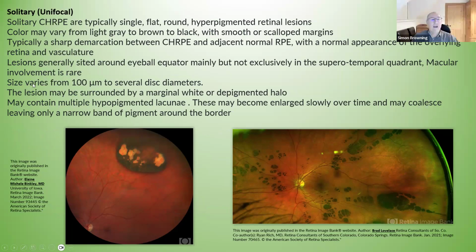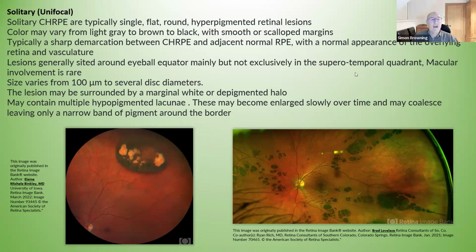They can be very small, up to several disc diameters. They may have a marginal white halo around them, and they may have these lacunae. And if you remember, I said in an earlier talk that these lacunae can actually join up as happening here, and eventually you will have no pigment in there at all, and you will just have that thin margin around the edge.